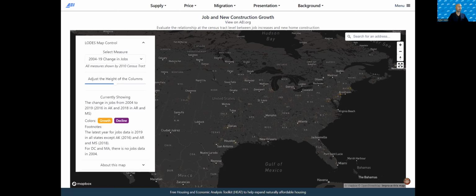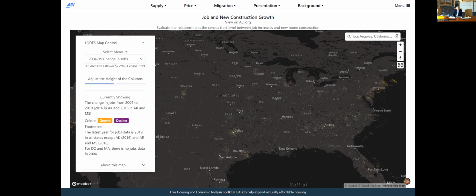Okay, so now we're going to shift to the next grouping, which we call group under migration. There are 5 tools here. We're going to start with a map on construction and jobs and new construction growth, and we're going to focus in on LA.